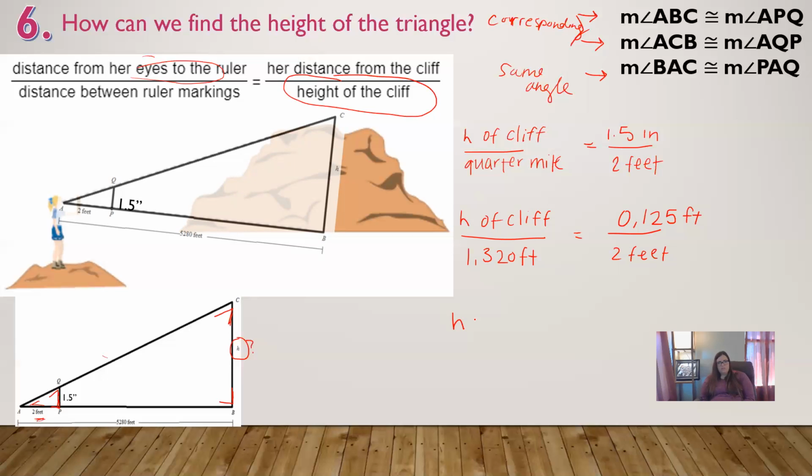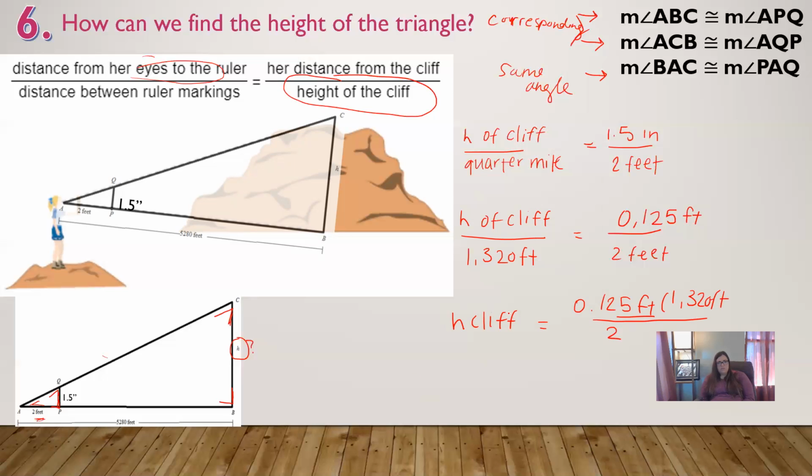Now, height of cliff, converting all that, is going to be 0.125 feet. Make sure you put in your measurements. 1,320 feet, all of that divided by 2.